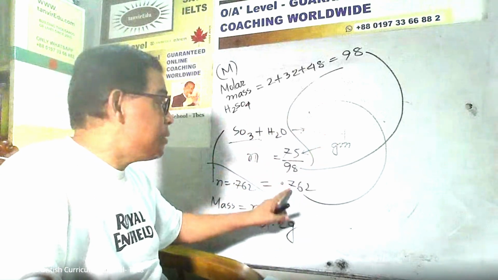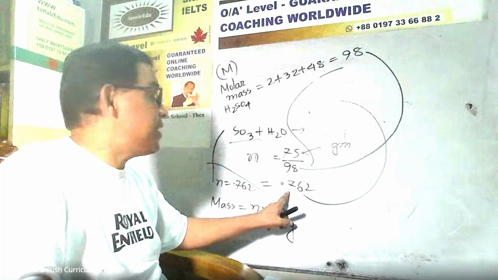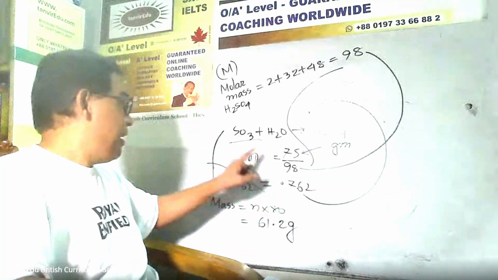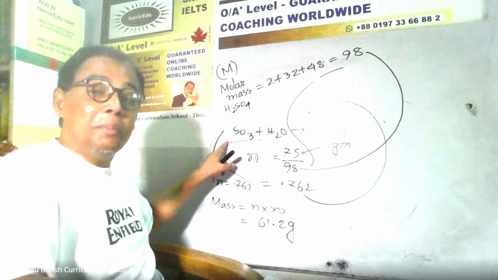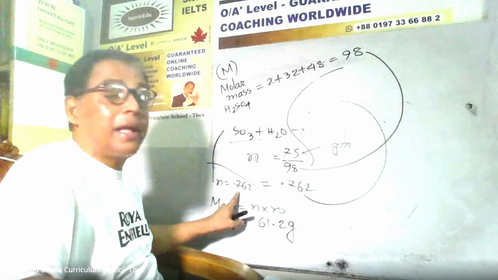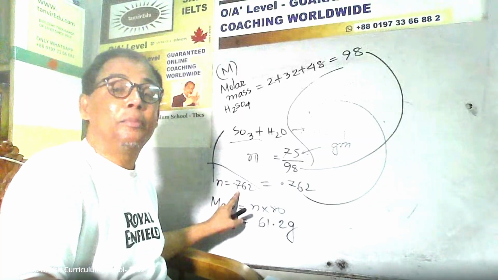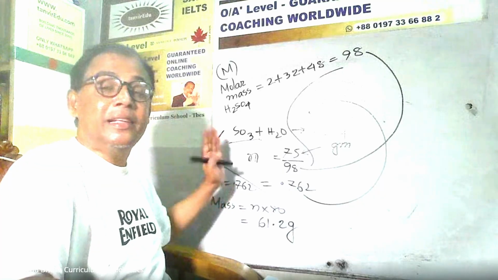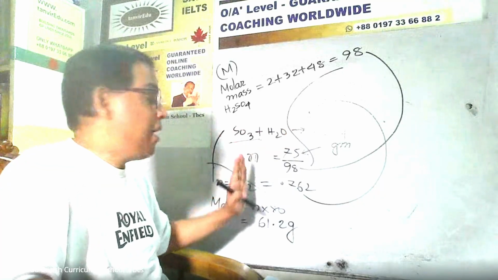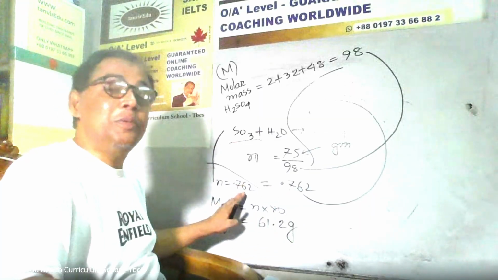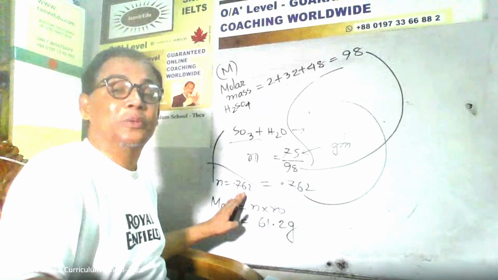So as this has been found to be 0.762, naturally the number of moles of sulfur trioxide also will become 0.762. I mean, these proportions are the same.